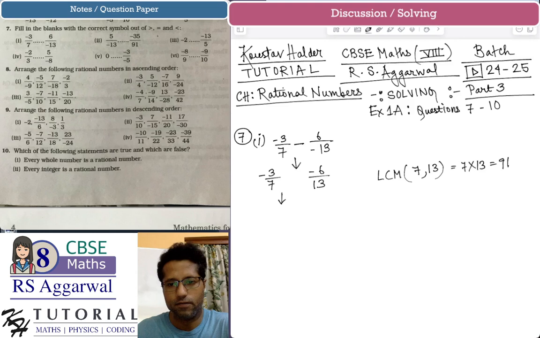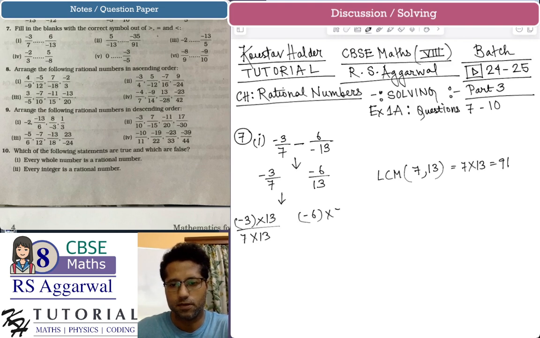So when we convert them, minus 3 by 7 will be minus 3 multiplied by 13, we have to multiply both the numerator and the denominator with 13, and this is 7 into 13. And for minus 6 by 13, we have to multiply both the numerator and the denominator with 7.